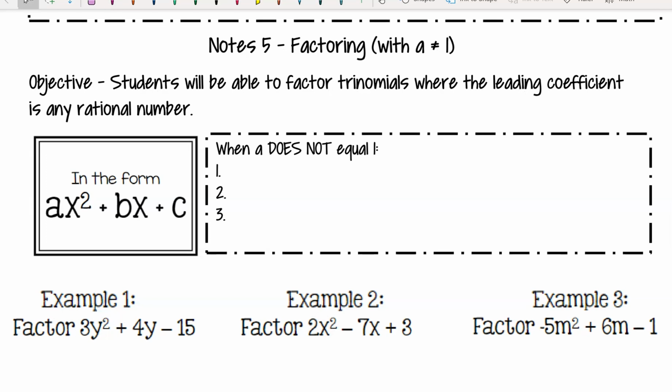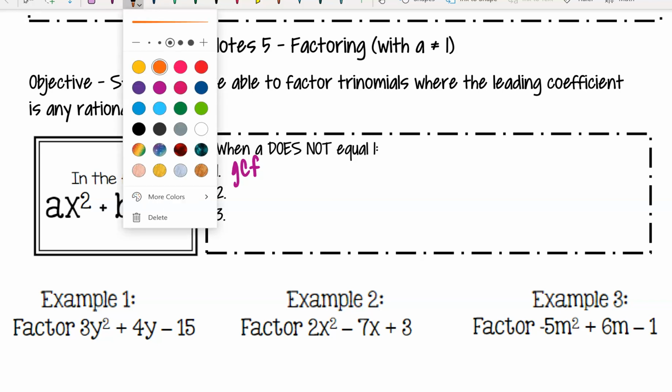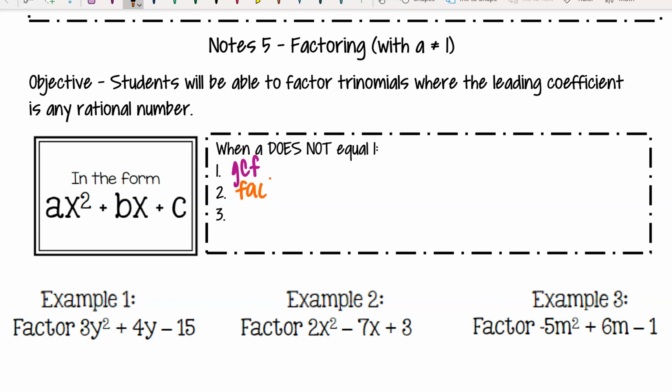So when a does not equal 1, the first thing you should always look at is, do I have a GCF? And that's true when you have a trinomial or any kind of factoring. So a GCF is always your first step. Then the second thing you're going to take a look at is factors of your coefficient a.